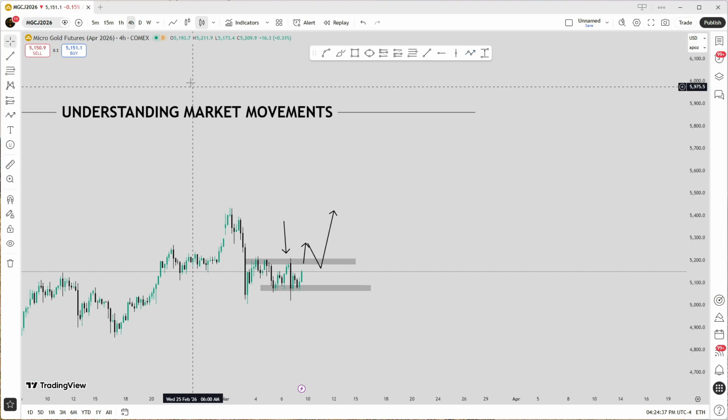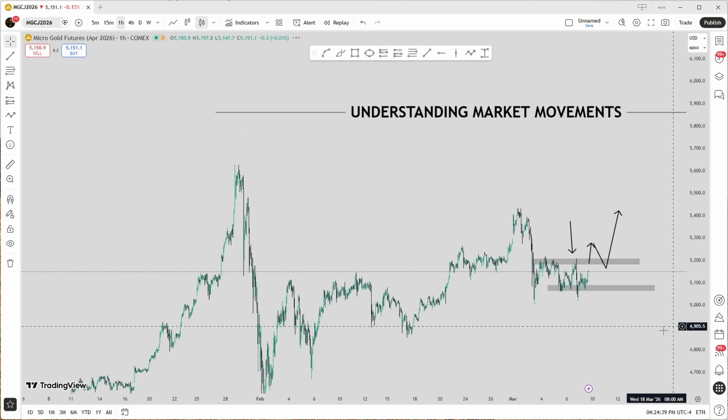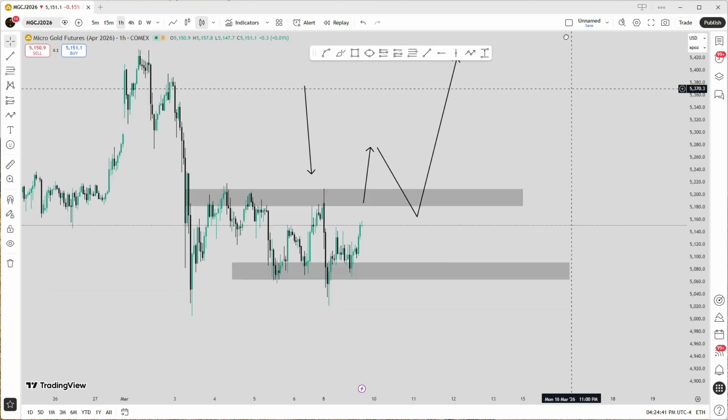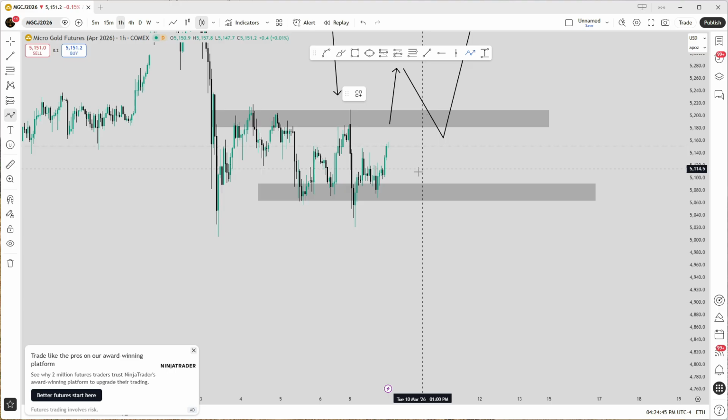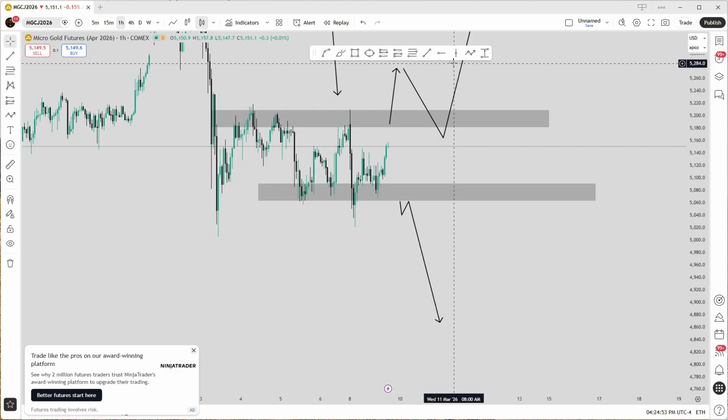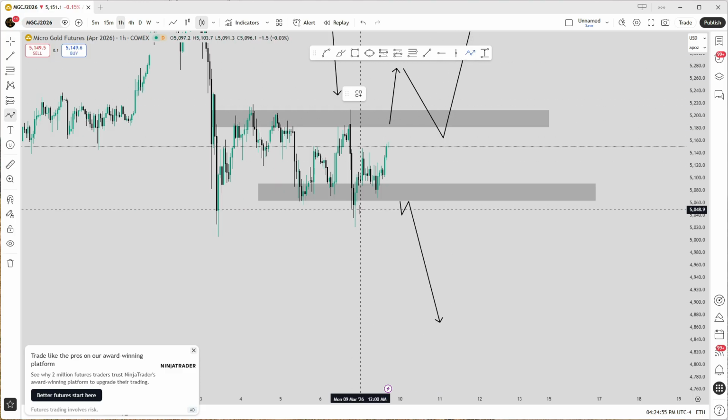We already got this push here. We already got a break below this level, so this is a lower low. So we need something below this area to go down, because we already made this lower low here.